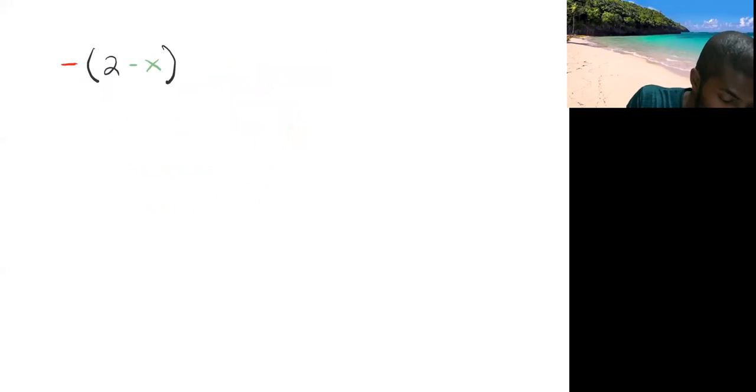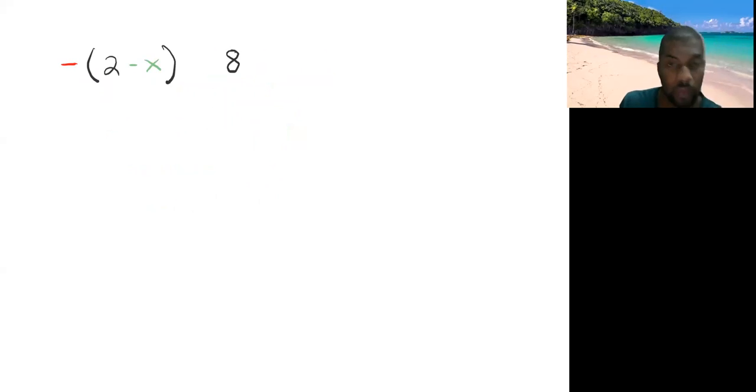Let's go with, oh, here's a good one. It's got a negative in it. We've got negative, parentheses, 2 minus x, minus 8. So what we do here is we realize, oh, there's a -1 in front of that, right?